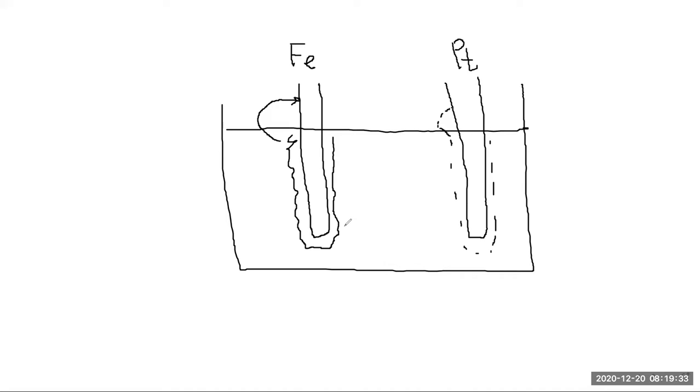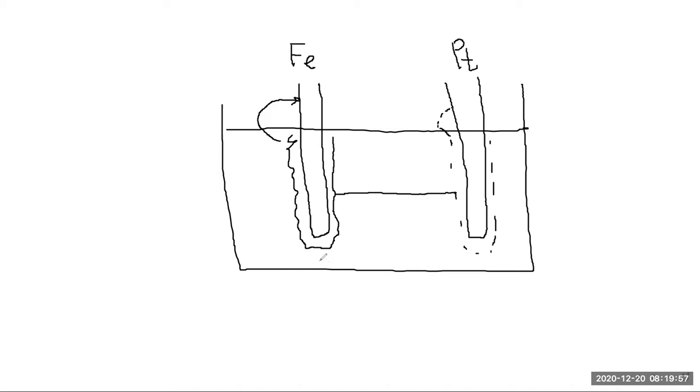But if we put these two ions into a single beaker, the same solution, that means this is conductive. Which means we kind of connect these two coats with the conductor.